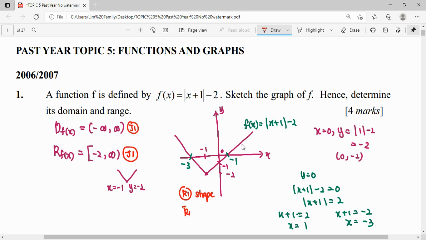And then another mark, you are going to see your label, which is your x-axis, y-axis, and then your label of f(x), and then your intersection, then your origin. So all this labeling, you are going to check one by one. So that's all for question 1.